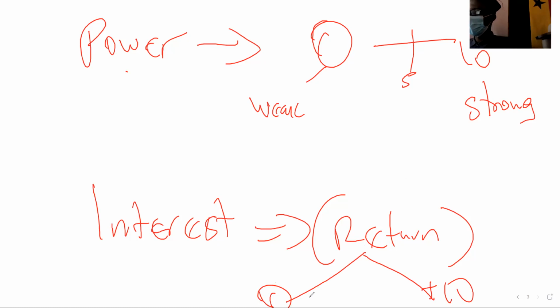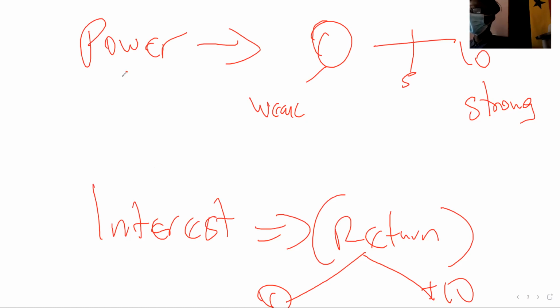Now let's see how Mendelow modelled this. Mendelow said that power can be 0. You can write the power here or the interest here, but let's follow the particular order in which Mendelow gave it to us.